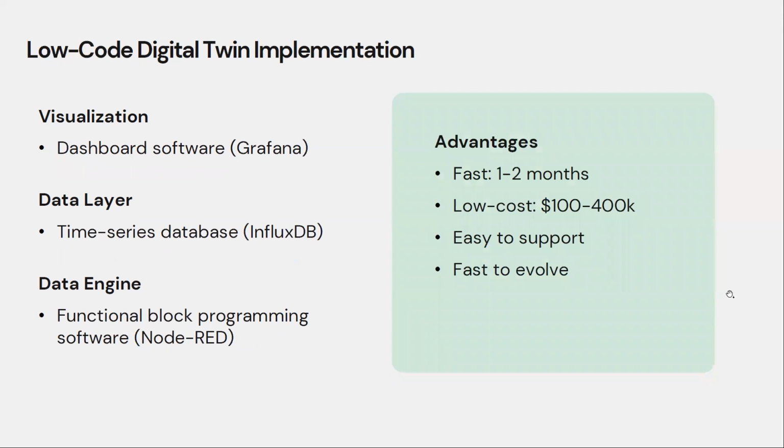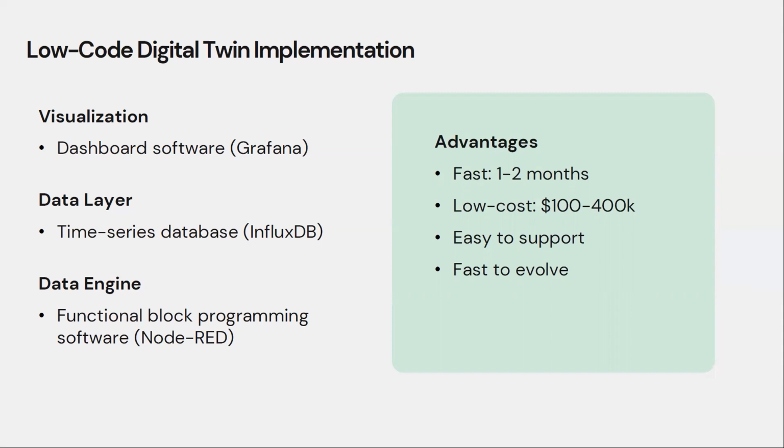So at Prescient, we have been experimenting with low-code implementation for a long time. Every single tool we use is based on the low-code principle. For the visualization layer, we use Grafana, which allows you to drag and drop dashboard elements.